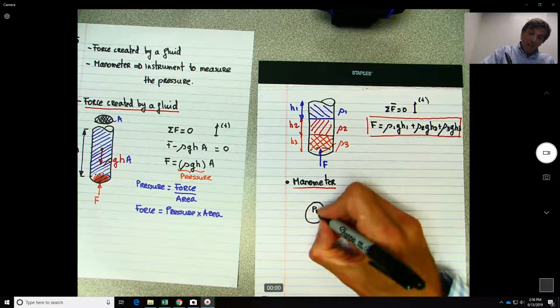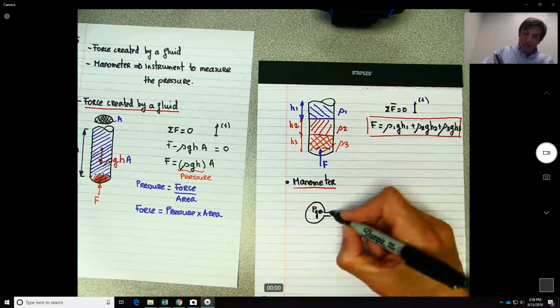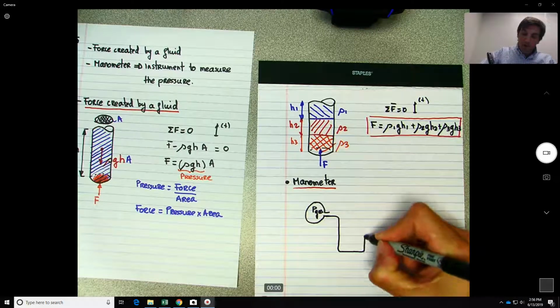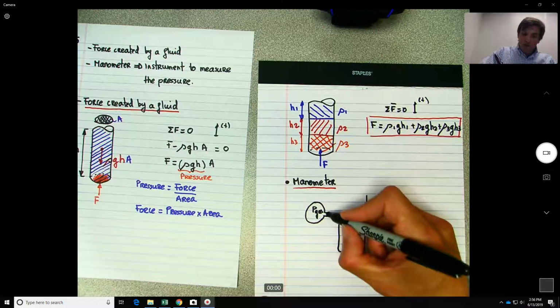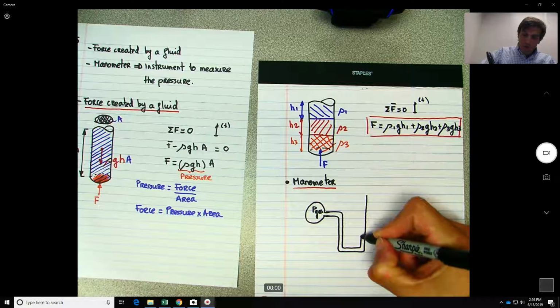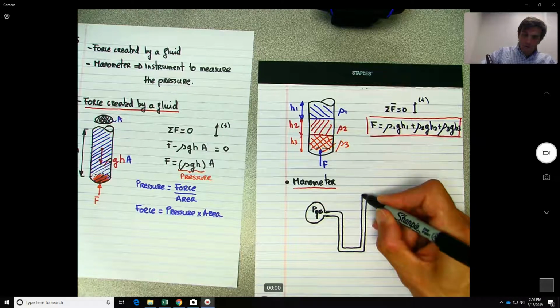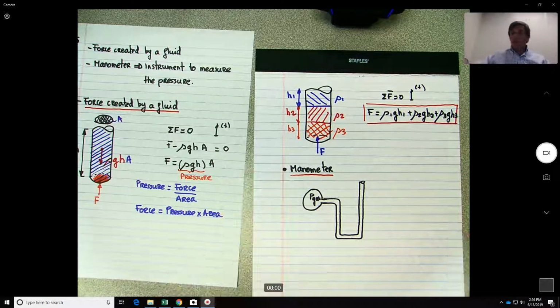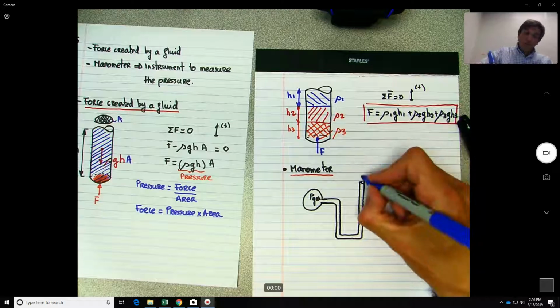So let's say it will be P gas. And then there is a tube generally with a U shape. Okay, so you want to measure whatever is in here. And let's say this is open to the atmosphere.